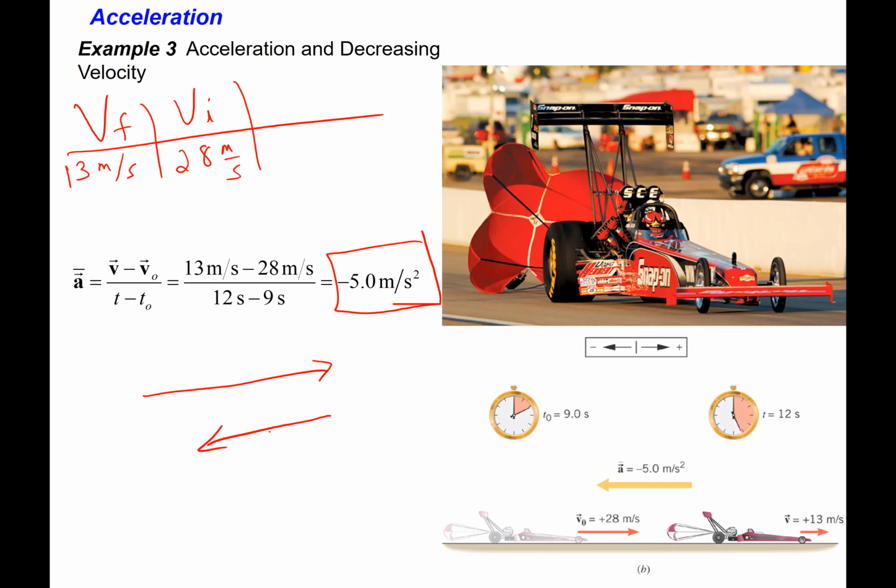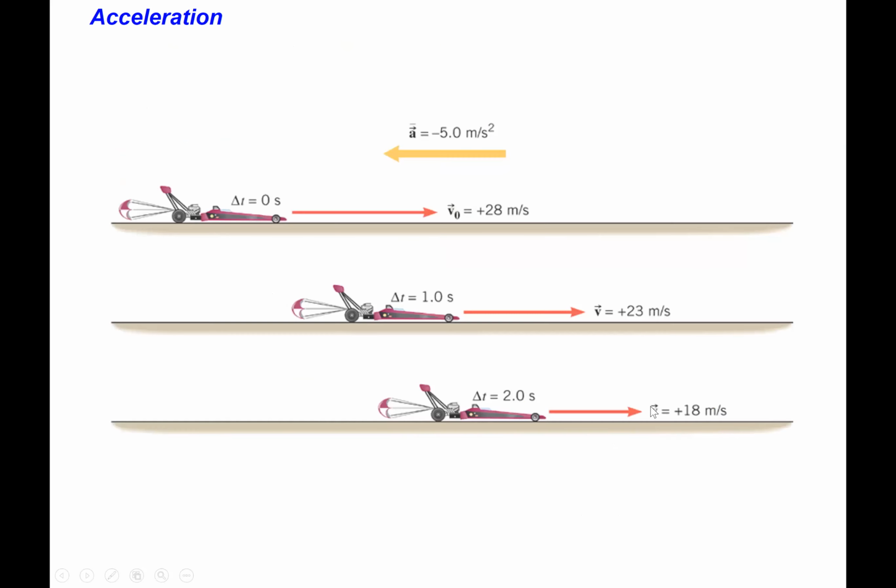So that's what's happening in this picture. The acceleration vector, as we can see, is opposing motion. That's called deceleration. So initially, the car was moving at 28 meters per second. It's decelerating at 5 meters per second every second.